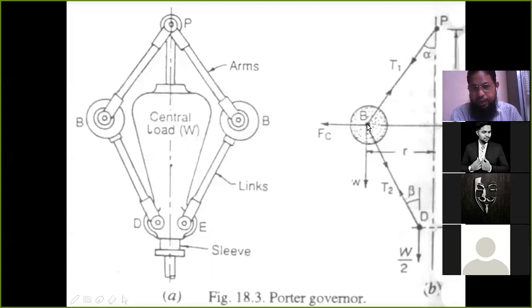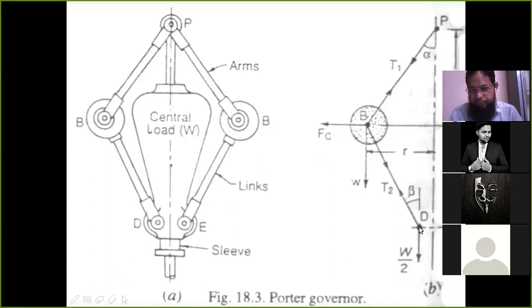Now there are two links attached to the ball, upper link and lower link. Tension in the upper link we take T1, tension in the lower link we take T2. So at point B we have four forces acting: centrifugal force Fc, weight of the ball w, tension in upper link T1, tension in lower link T2.